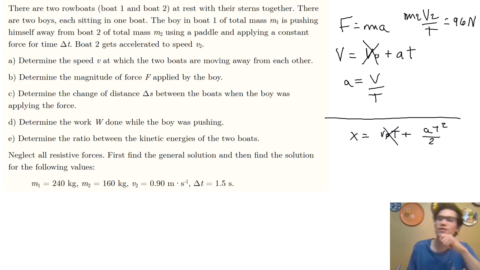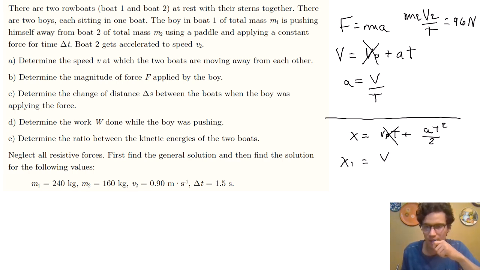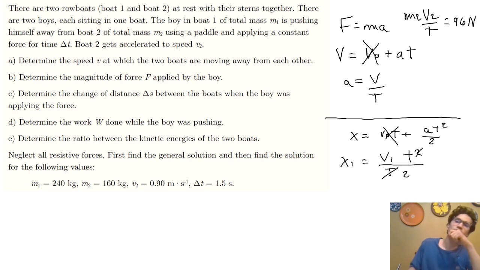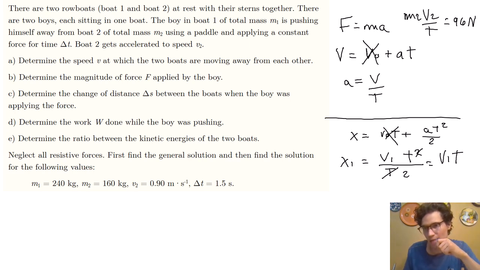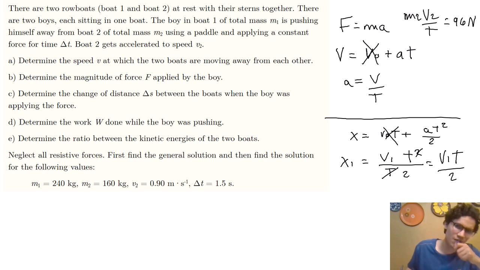Initial velocity is 0, so x1 will be equal to, replacing the acceleration we found before, velocity 1 over time times time squared over 2. We simplify the time, and we end up with the distance x1 equal to velocity 1 multiplied by time over 2. We can do the same with the second distance, x2 equal to velocity 2 multiplied by time over 2.